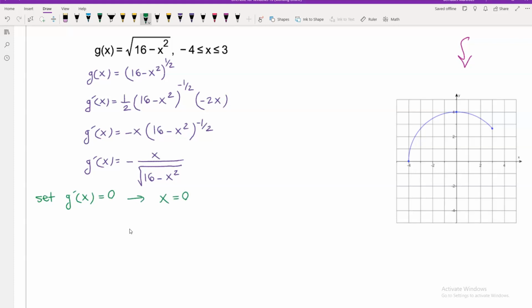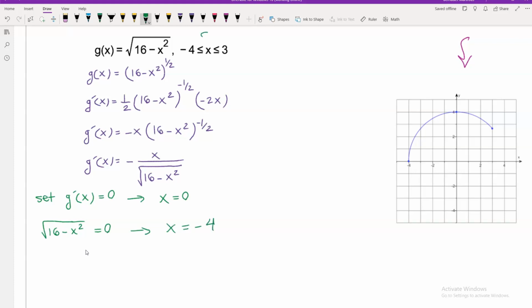And g prime of x is undefined where the denominator equals 0, and in that case x is -4.